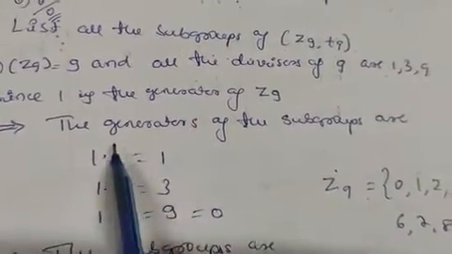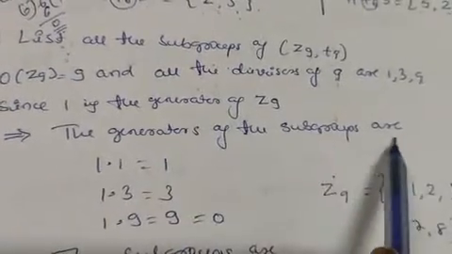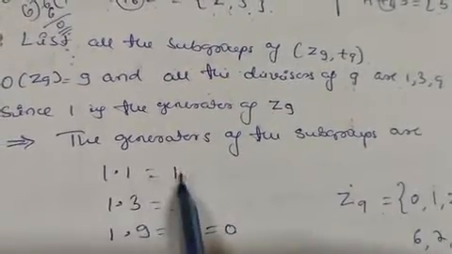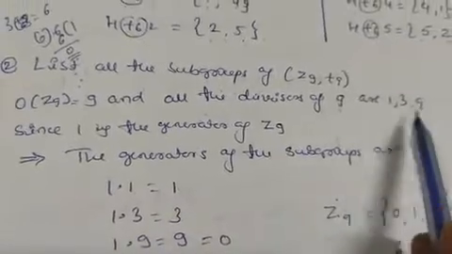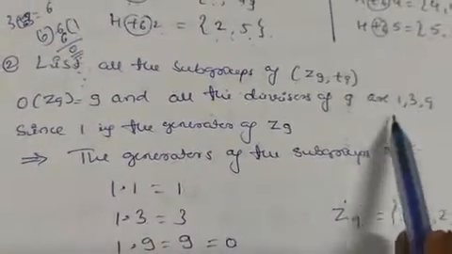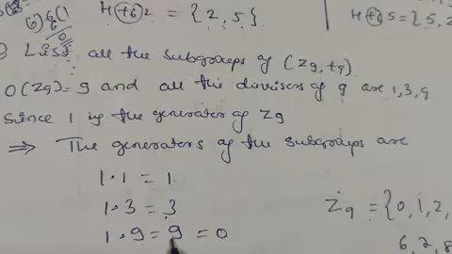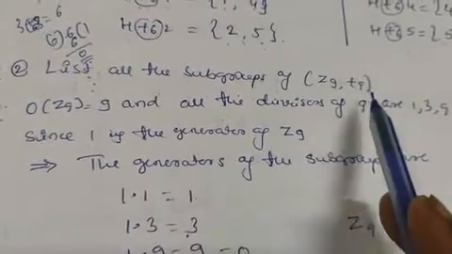Therefore the generators of the subgroups are 1 into 1 is 1, because these are the divisors, and 1 into 3 is 3 and 1 into 9 is 9, because it is under addition mod 9.